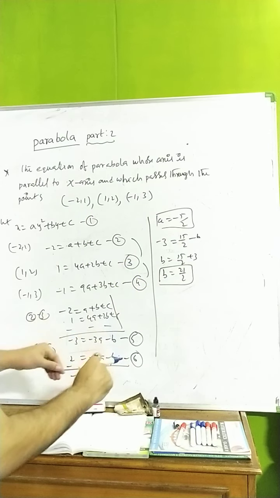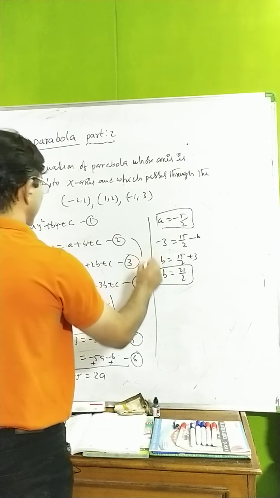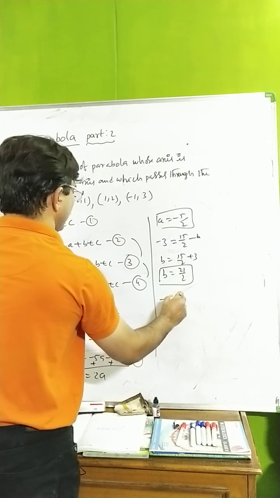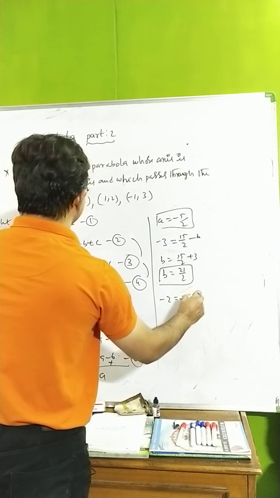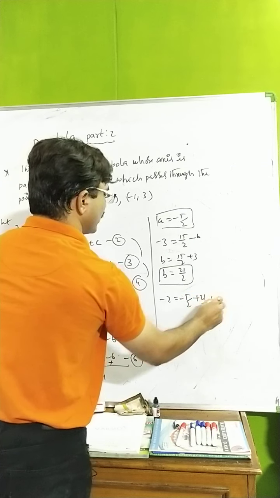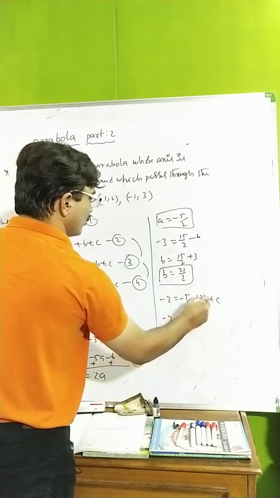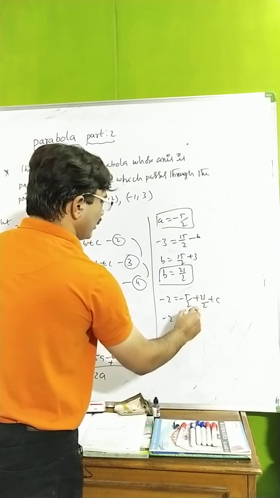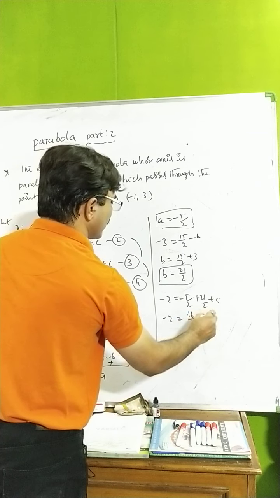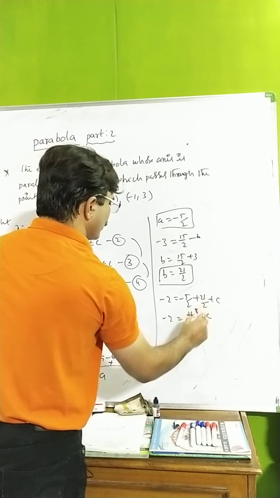Once you know the a value and b value, the first equation is better. So a value is minus 5 by 2, b value is 21 by 2, plus c. To get the c value, minus 2 is equal to 16 by 2 plus c, so c is equal to minus 10.